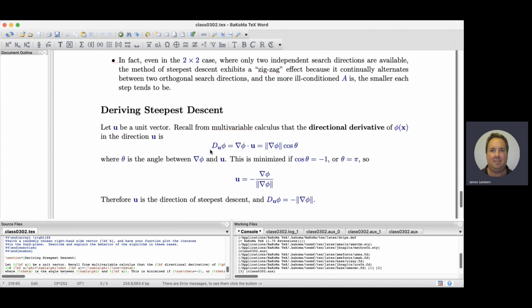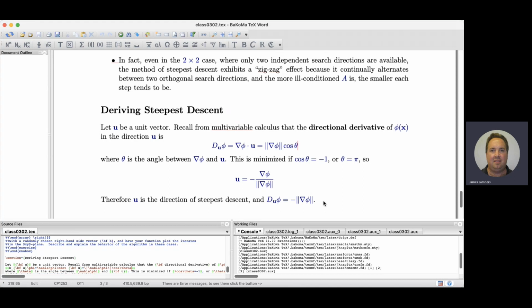Theta here is the angle between the gradient of phi and u. In other words, we want u and the gradient to be pointing in opposite directions, with an angle between them of pi radians or 180 degrees. So that's why the direction of steepest descent is the negative gradient. This is the decrease that we get.